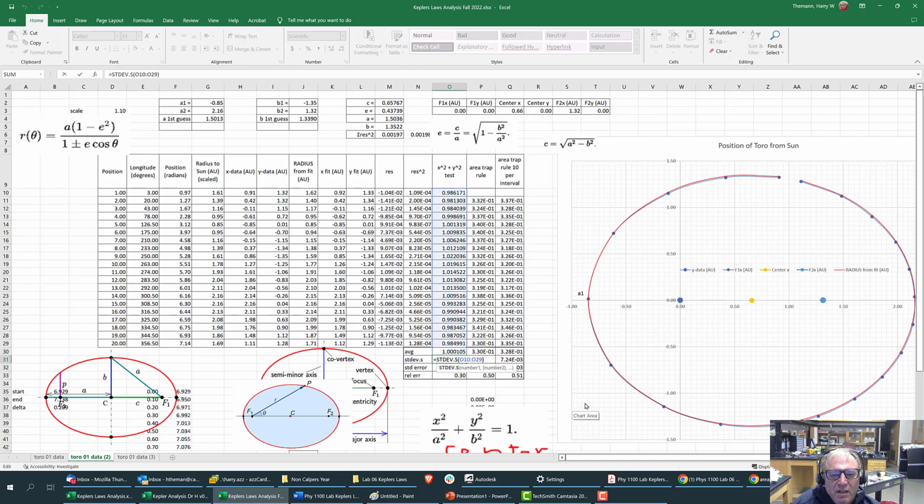So the standard deviation of the sample, remember, that's a characterization of how much the data wiggles back and forth about the average value.